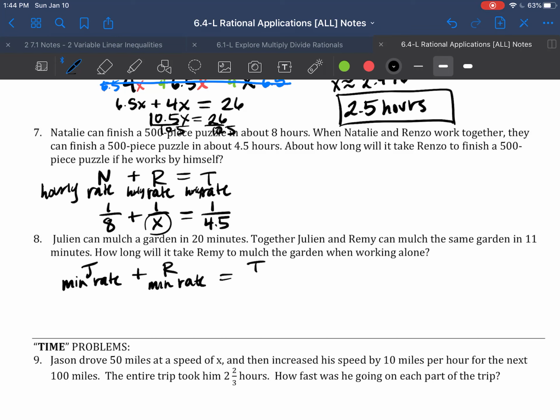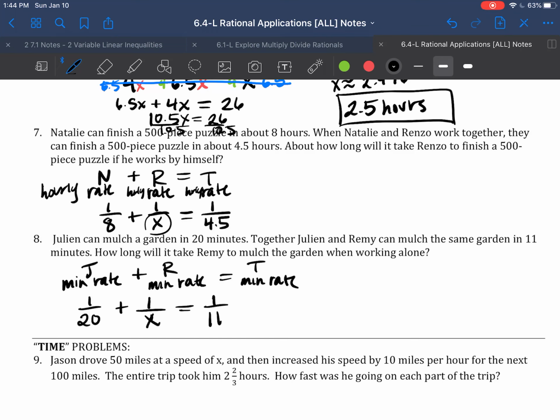And that's going to equal their together rate per minute. And so if it takes Julian 20 minutes, he's getting 1/20 of it done in 1 minute. We don't know how long it takes Remy, but together it's going to take them 11.